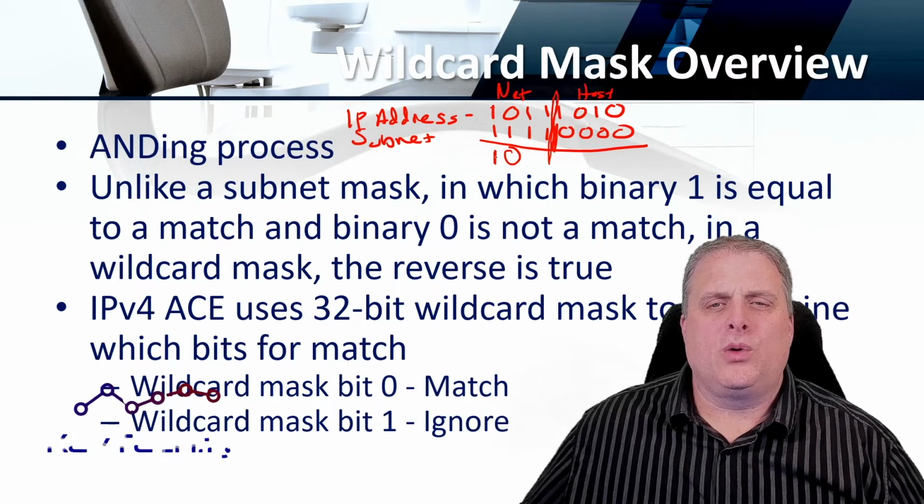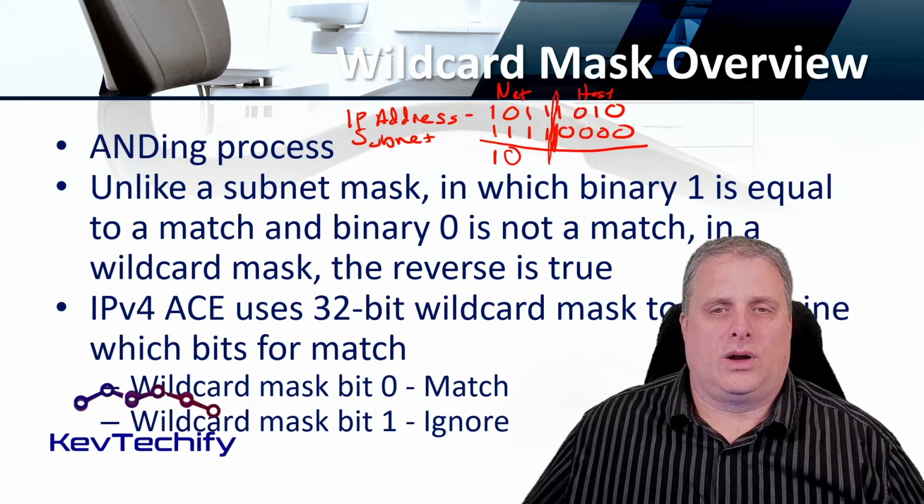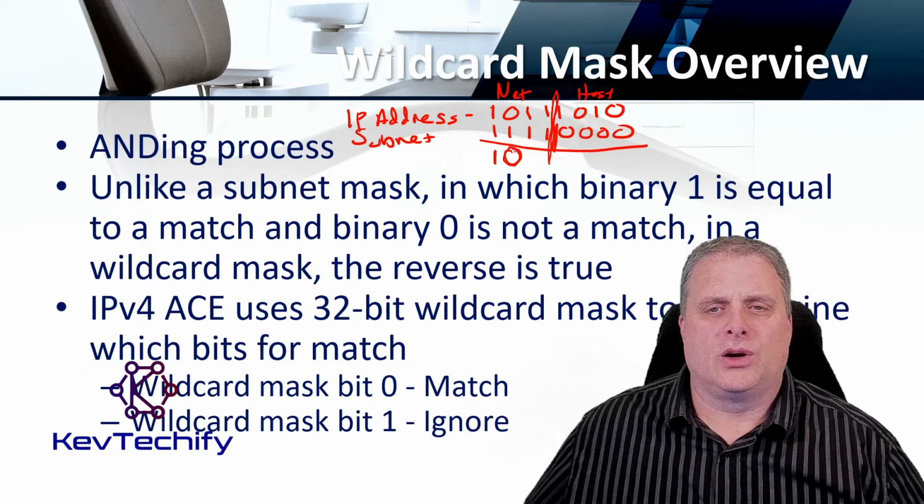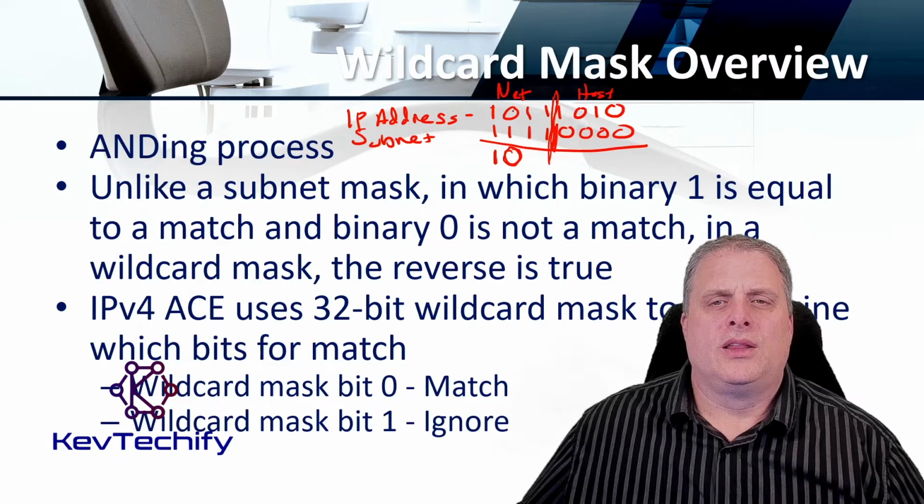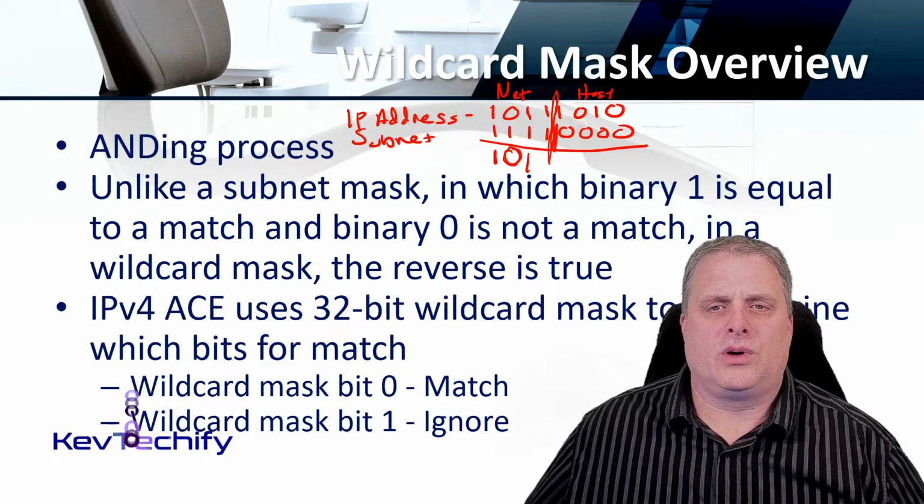The only time we get a 1 down here is when there's a 1 and a 1. Otherwise, it's always a 0 when we're ANDing. So the first one here is we have a 1 and a 1, that turned into a 1. Then we have a 0 and a 1, that was a 0. Then we have a 1 and 1, that turns into 1. We have a 1 and 1 here, that turns into a 1. That was our network portion, signified by our subnet mask.